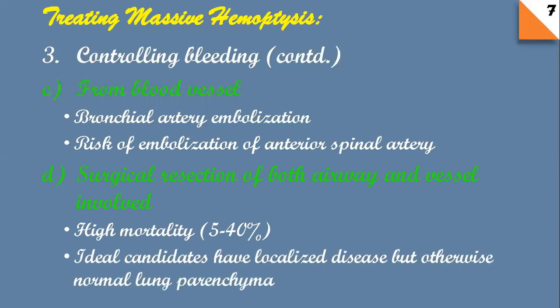The ideal candidates for this kind of intervention are those having localized disease, but otherwise normal lung parenchyma. For example, in the case of a solitary pulmonary nodule or neoplasm, or also in the cases of solitary tuberculous cavitations. So in such patients, this is quite an ideal process, but it is not performed regularly because it is highly fatal.